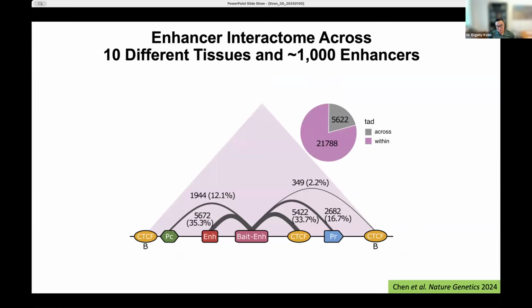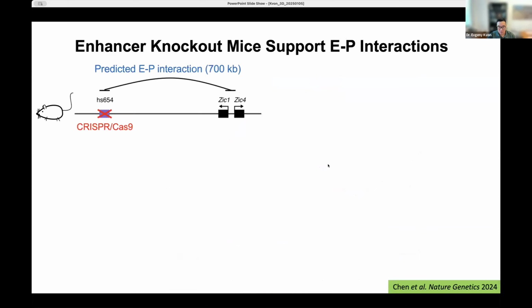But we not only get it for one enhancer, we get it for all 1,000 enhancers across 10 different tissues. This is just a summary of the interactions. Most of them, of course, occur within TADs, like around 80%, and they're all kind of different interactions, including enhancer-promoter, enhancer-CTCF, etc. We also experimentally validated some of these interactions by performing enhancer knockouts.